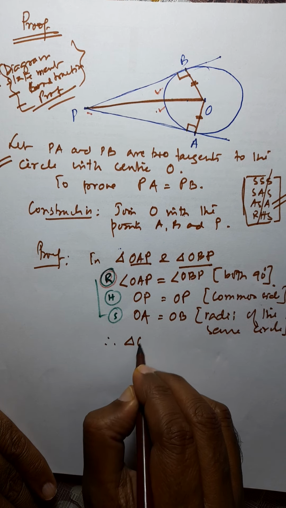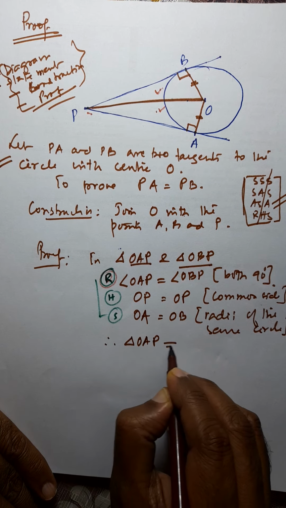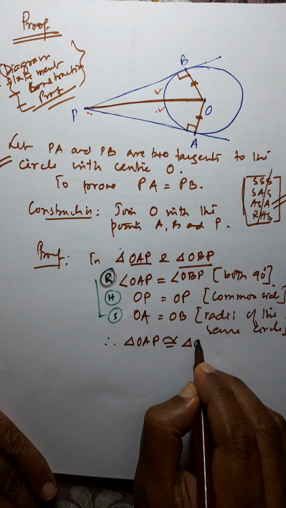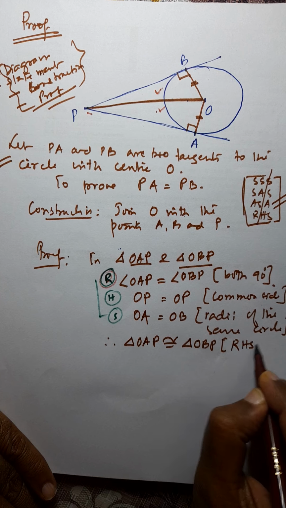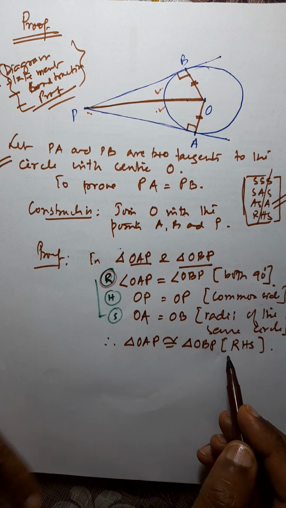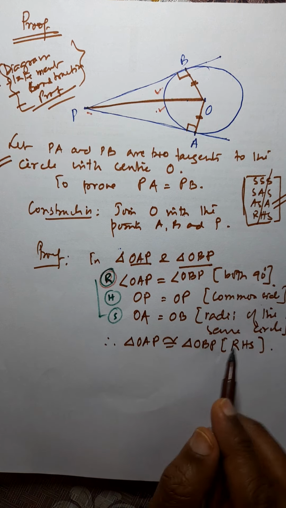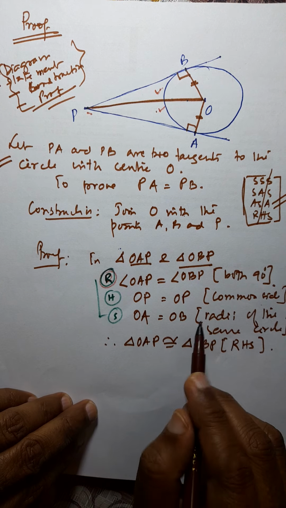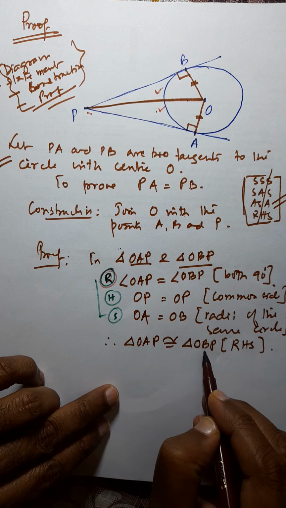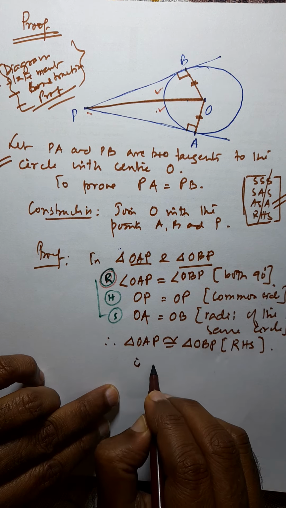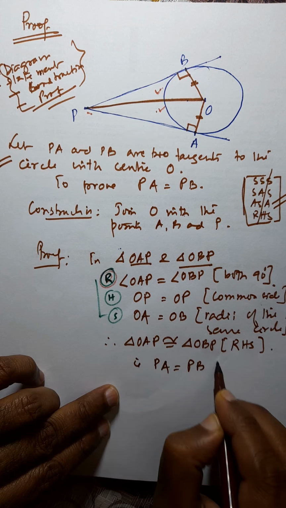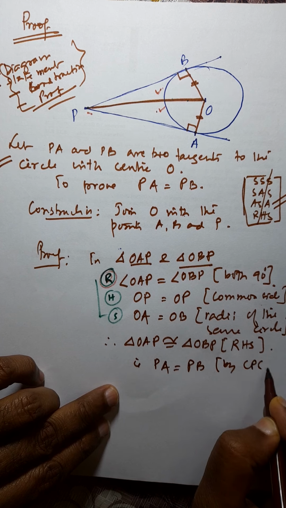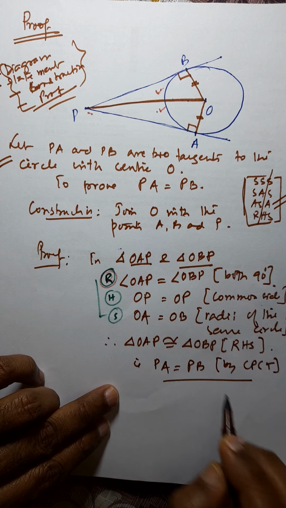Therefore, triangle OAP is congruent to triangle OBP as per RHS. If the triangles are congruent, corresponding parts are equal. So AP is equal to BP, that is PA is equal to PB by CPCT. So proof finished, proved.